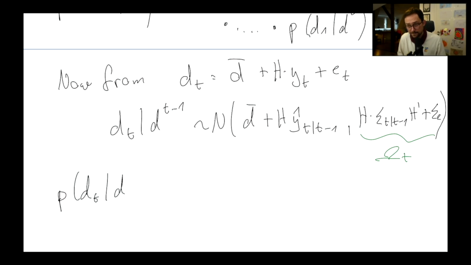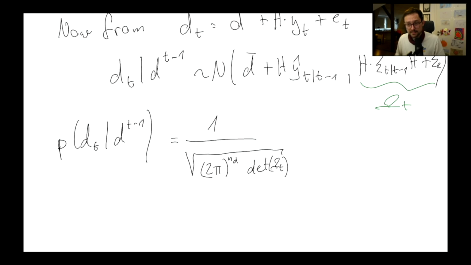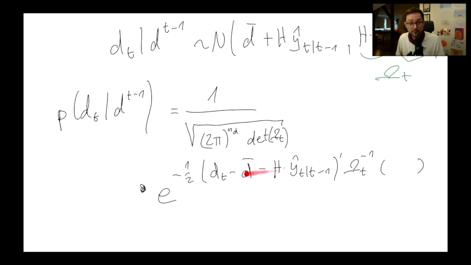So let's write this down, which is 1 over the square root of (2 pi) raised to the power of the number of observations, times the determinant of your covariance matrix, times the exponential of minus 1/2 (d_t minus d bar minus H times y hat t given t minus 1) prime, omega_t inverse, times that same term over here.